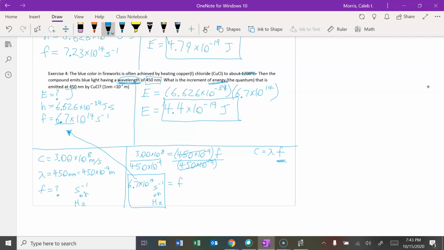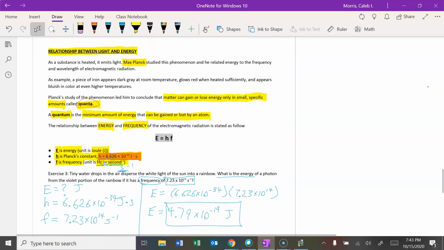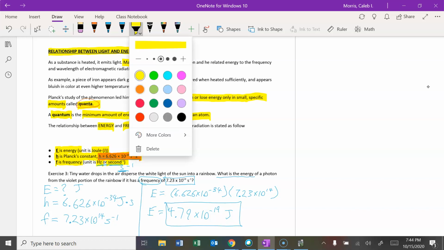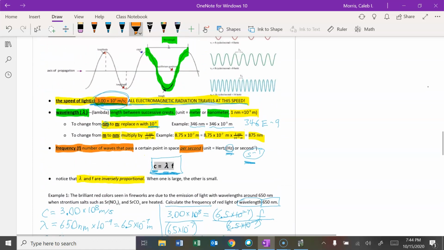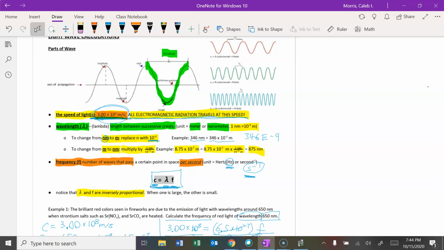More importantly, you could just look up here and remember that the units of energy are joules. Units of frequency are hertz or inverse seconds. You can write it as s to the negative 1. And the units of wavelength are going to be either meters or nanometers.